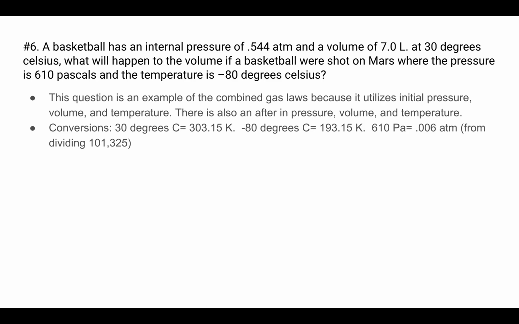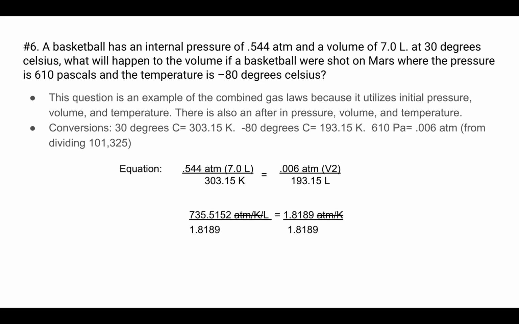So the conversions would be going from 30 degrees Celsius to 303.15 kelvins, and from negative 80 degrees you get 193.15 kelvins. And 610 pascals is equivalent to 0.006 atmospheres, which you get from dividing by 101,325. And this would be the equation: 0.54 times 7 divided by 303.15 kelvins, which is equal to 0.006 atmospheres times the second volume, which is what you're trying to find, divided by 193.15.